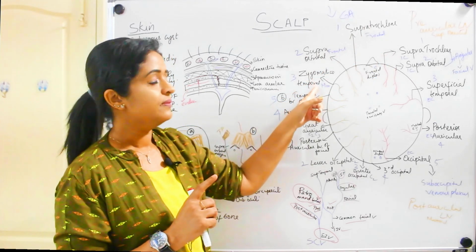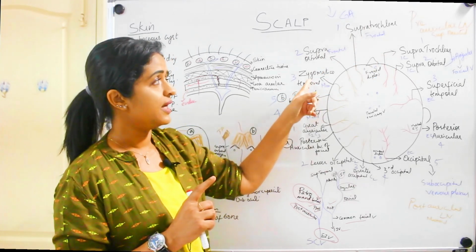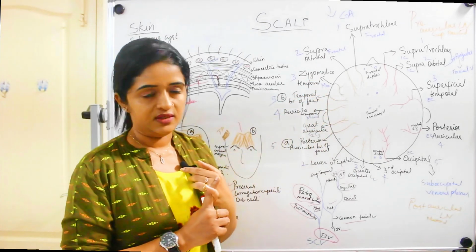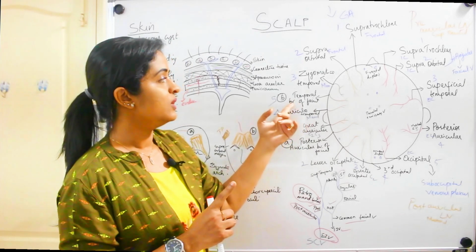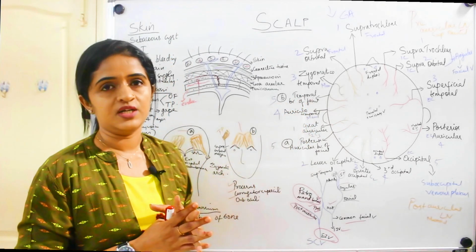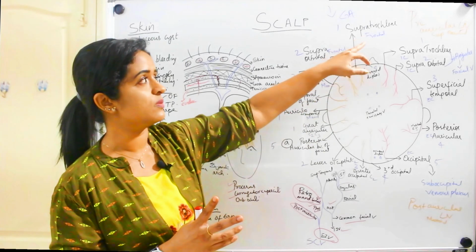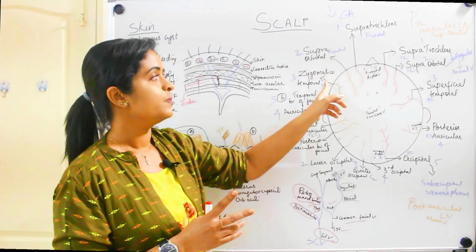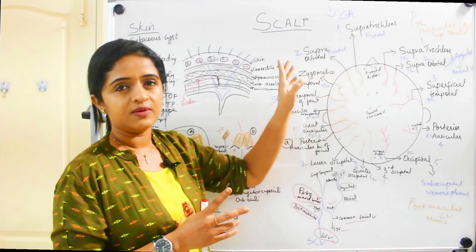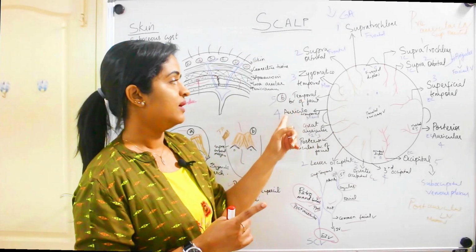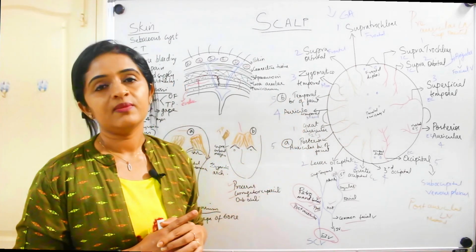Then you have the next one, the zygomaticotemporal, that is coming from the maxillary division, and the other one is auriculotemporal, which comes from the mandibular division.